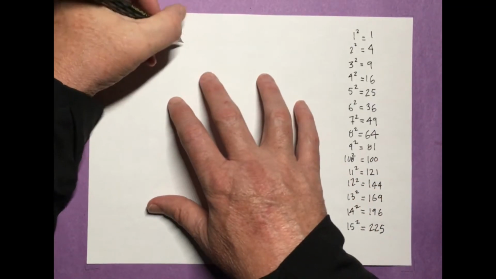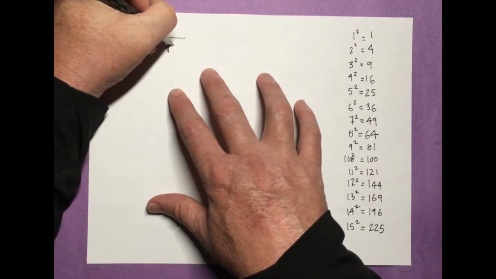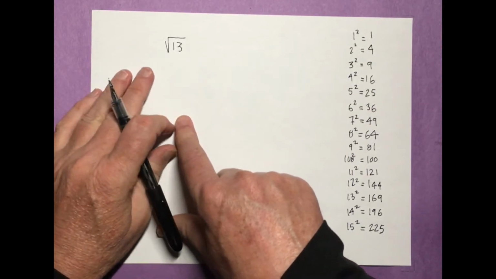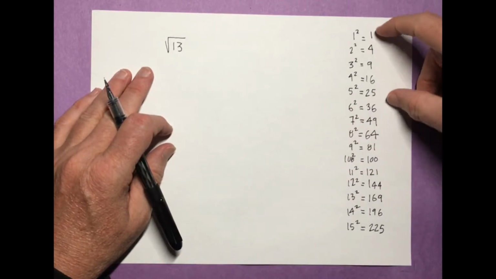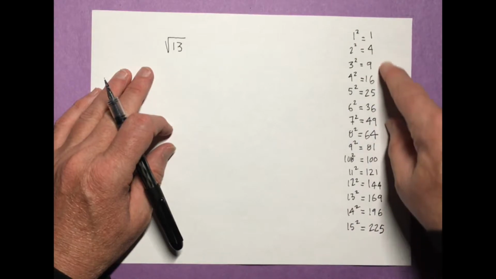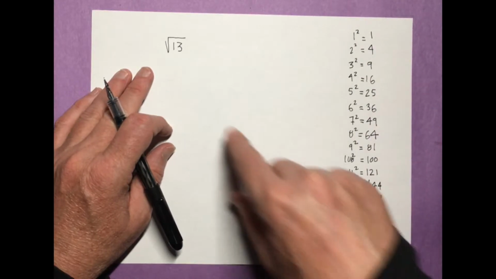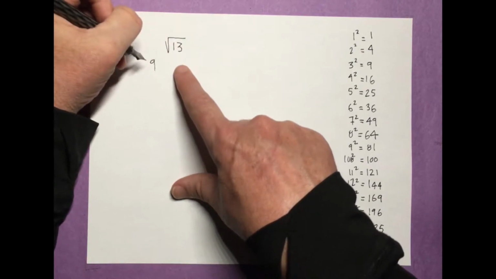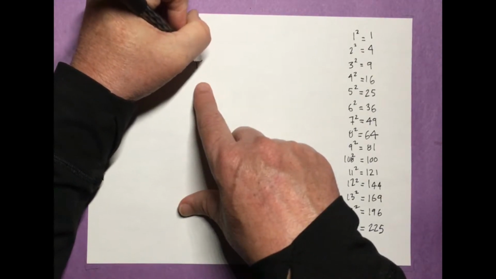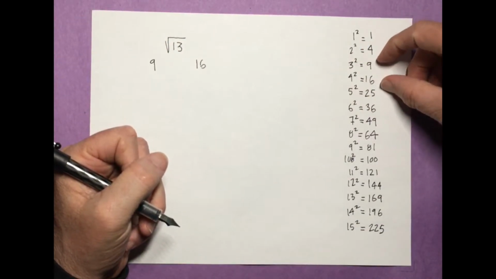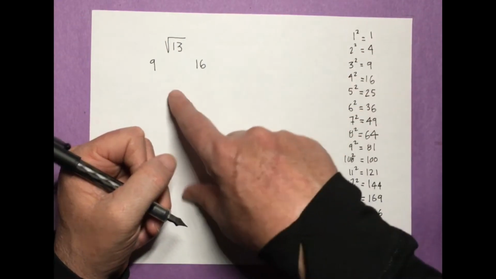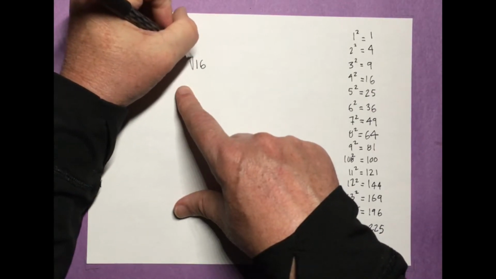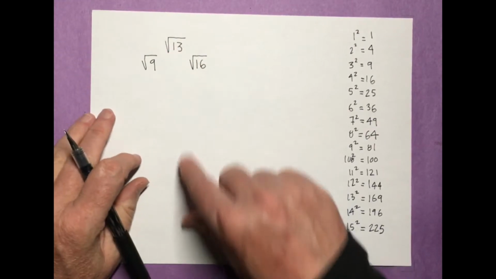Let's look at, say, the square root of 13. We'll get back to 7 in just a second. Now, I don't know what the square root of 13 is, but I know if I look at my perfect squares here, because 9 is less than 13, and 16 is greater than 13, that whatever the square root of 13 is, it must be between the square root of 9 and the square root of 16.